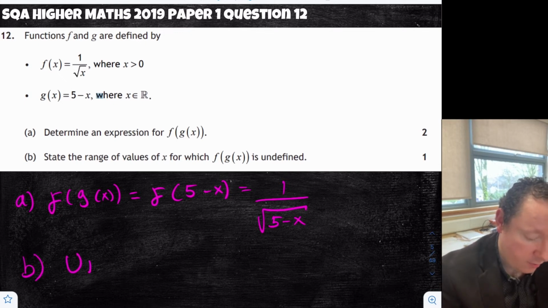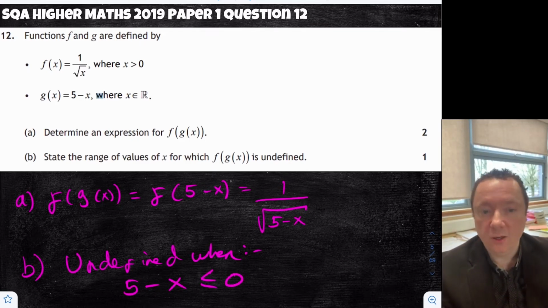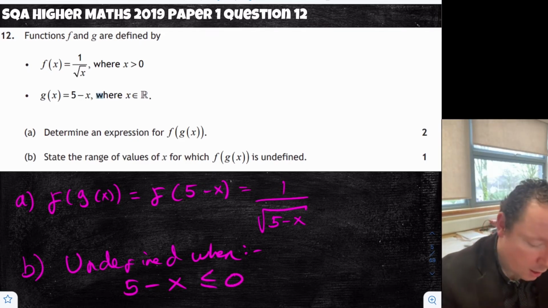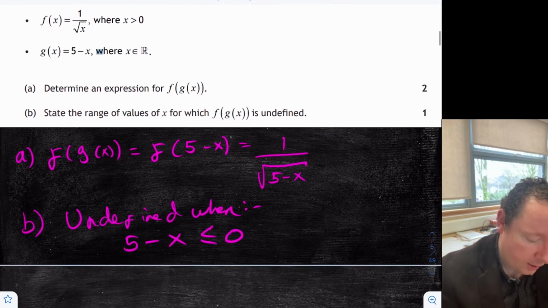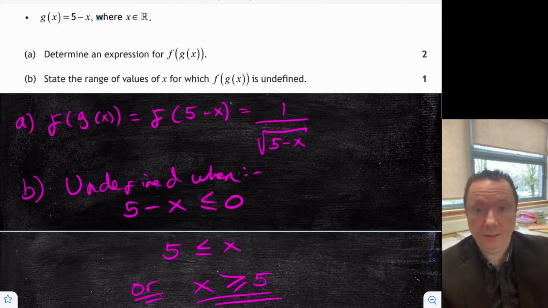So we can just write that undefined when, well, 5 minus x has to be less than or equal to 0, otherwise it's undefined. In other words, 5 minus x has to be bigger than 0. So we can then just solve that for x, taking x over to the other side, you get 5 is less than or equal to x, or to write that in a nicer way, x is greater than or equal to 5. And make sure you've written undefined when, okay?